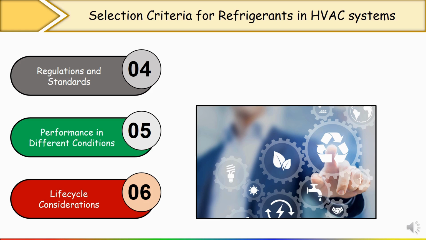Evaluate the refrigerant's impact on the overall energy efficiency of the HVAC system over its life cycle. For that, consider the ease of maintenance and servicing of the system with the selected refrigerant, including leak detection and handling. So maintenance, serviceability and energy efficiency come under this category.